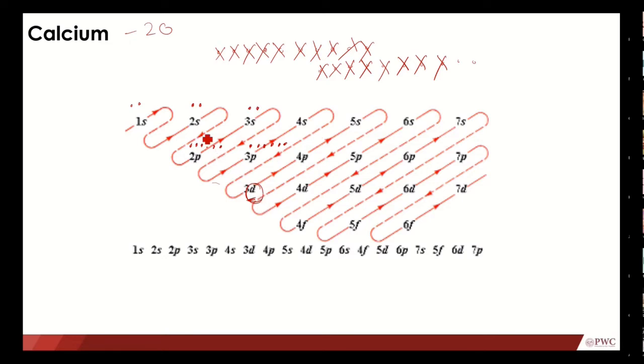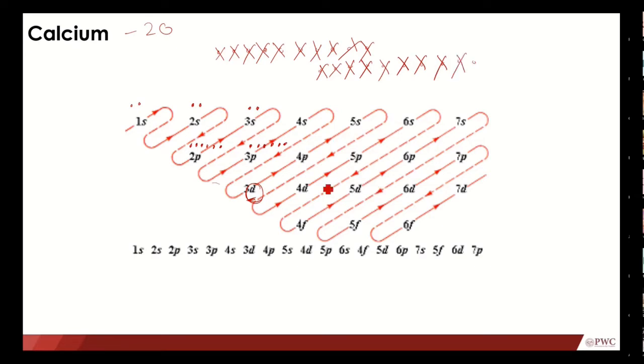So just follow the line over here. After 3p, we'll go first to 4s. After 4s, we'll go to 3d. After 3d, we go to 4p, 5s, and so on.